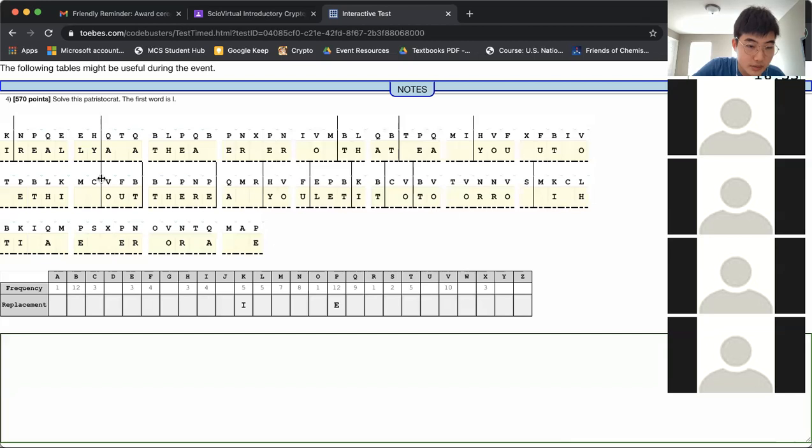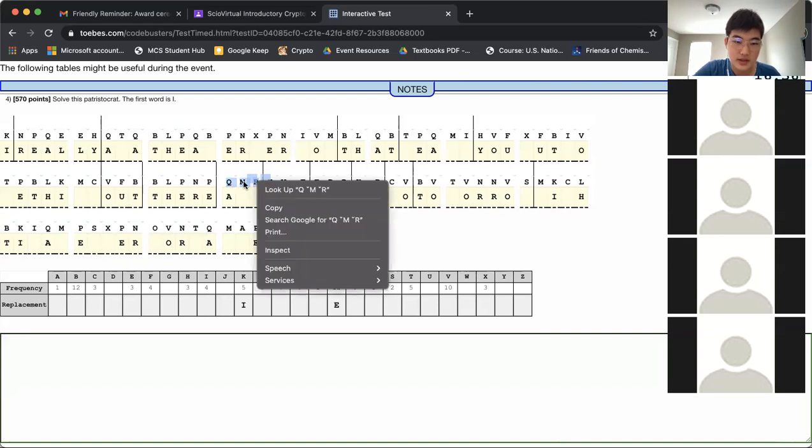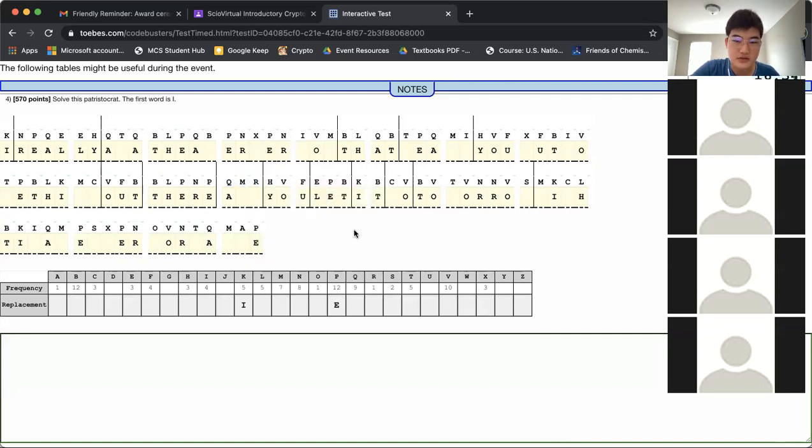So this could be like out there. Okay, well, we have a 3-letter word again, and it starts with A, and we know it's not R. So what are some candidates for what this word could be?